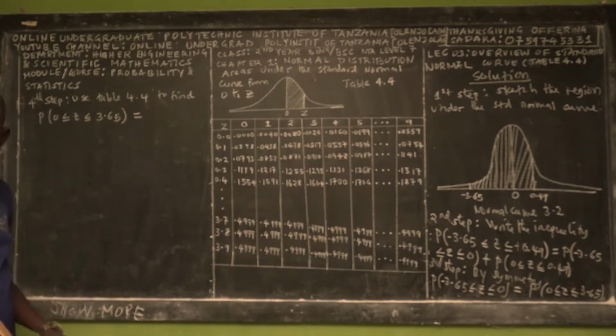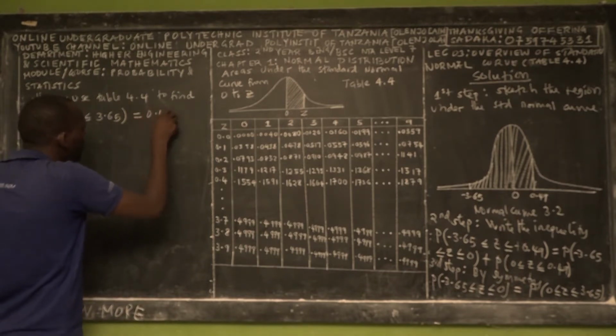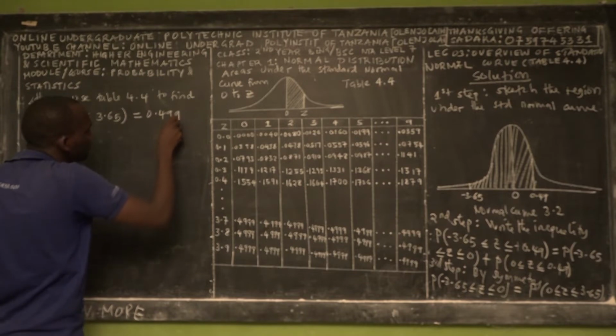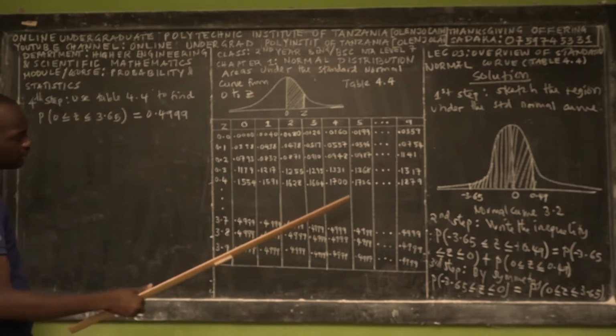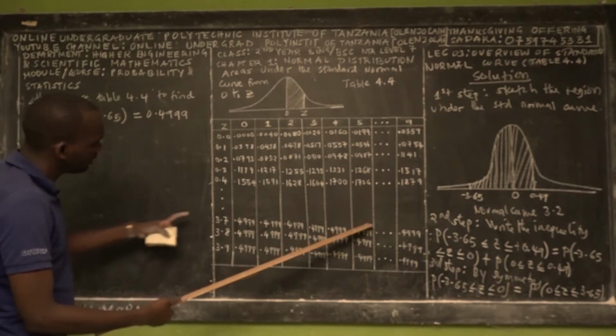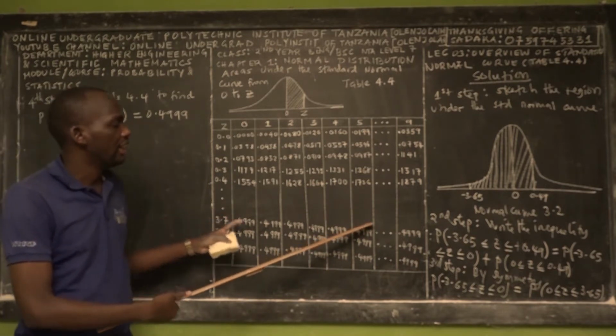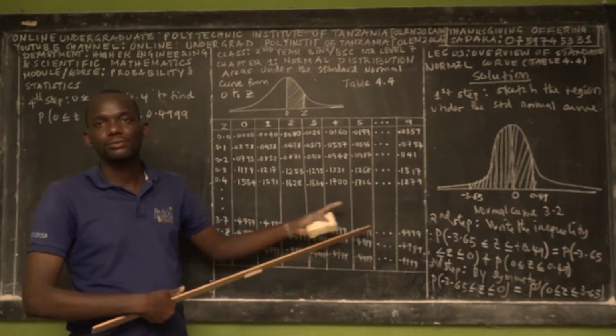So the probability is equal to 0.499. That's the probability corresponding to Z equal to 3.6, and then the second decimal place is 5, right?